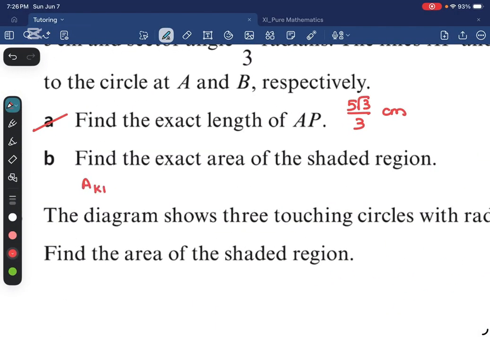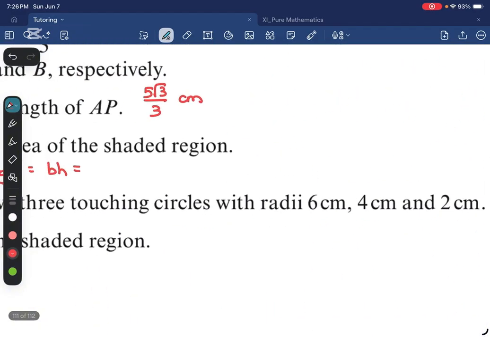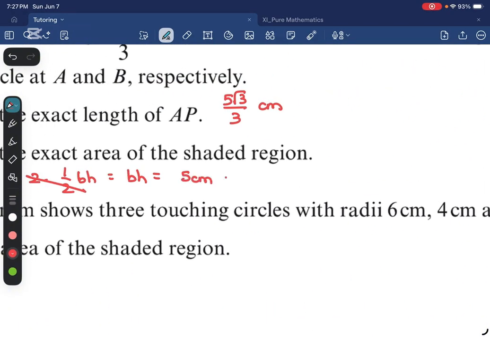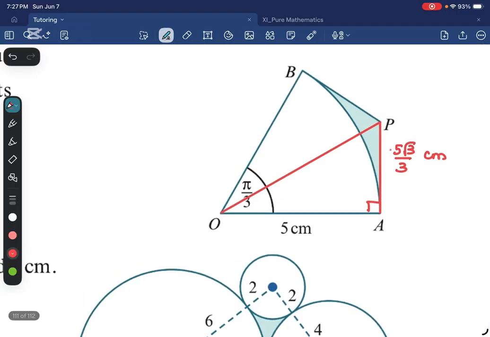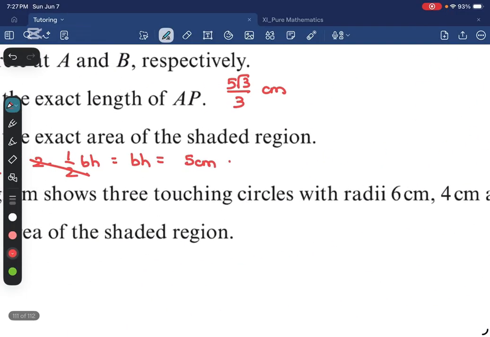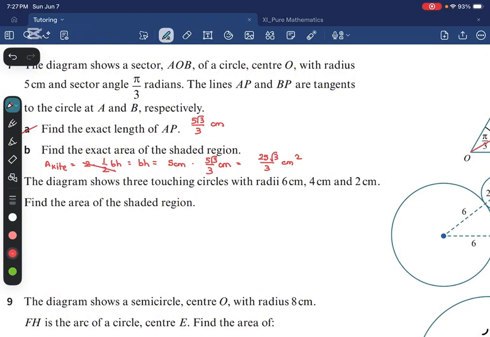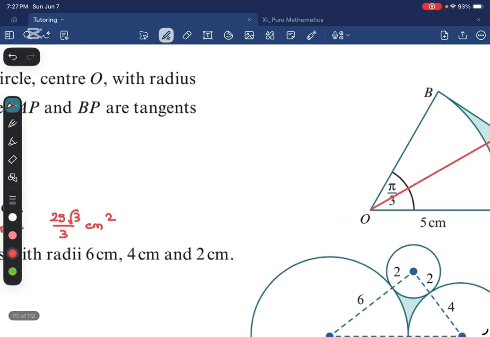So the area of the kite is 2 times the area of one triangle, and the area of a triangle is half base times height in this case. The base is 5 centimeters. The height we just calculated is AP, right? So it's 5 root 3 by 3 centimeters. And that gives you 25 root 3 by 3 centimeters squared. All right. And now, what is the area of one sector?